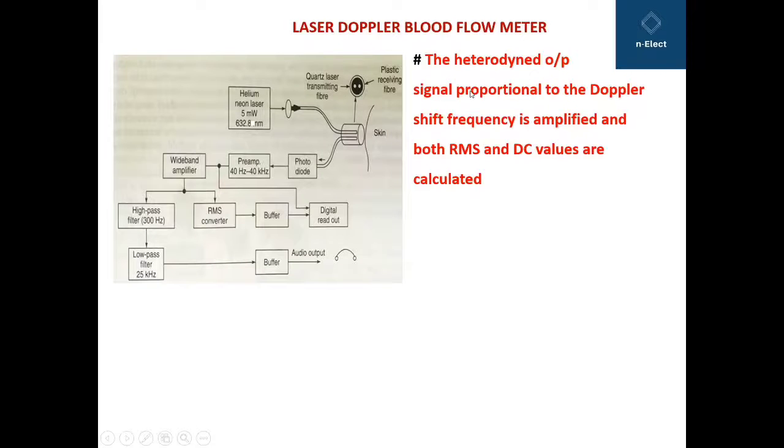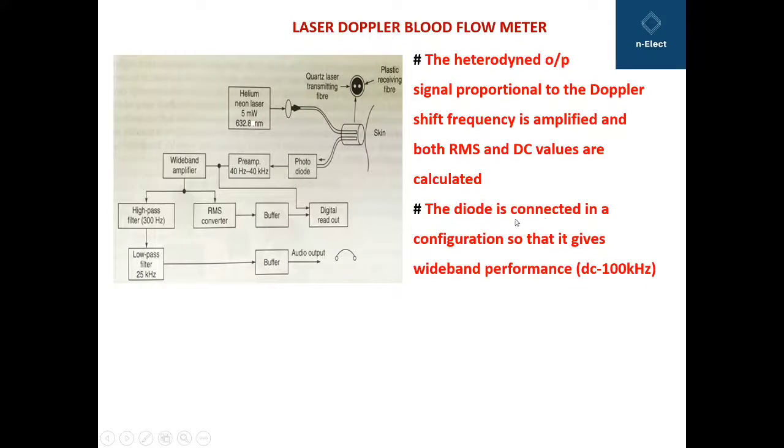The heterodyne output signal proportional to the Doppler shift frequency is then amplified, and both RMS and DC values are calculated. The diode is connected in a configuration that gives wideband performance, from 0 Hz to 100 kHz, or DC to 100 kHz.